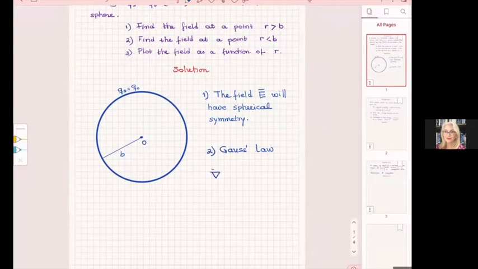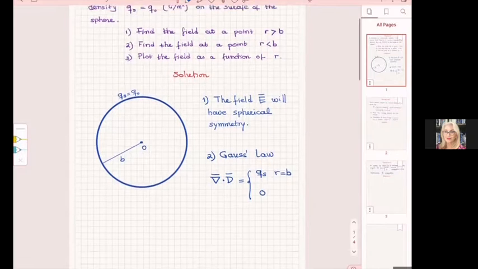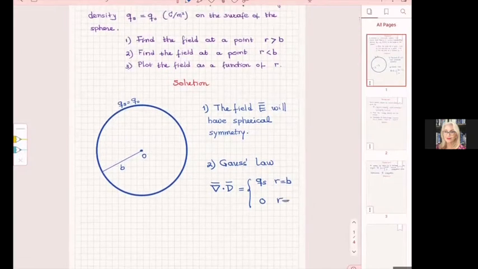That the divergence of D equals either Q sub S if it happens to be at any point on this surface, when R equals B, or 0 if it's anywhere else, because the charge is only on the surface of the sphere.